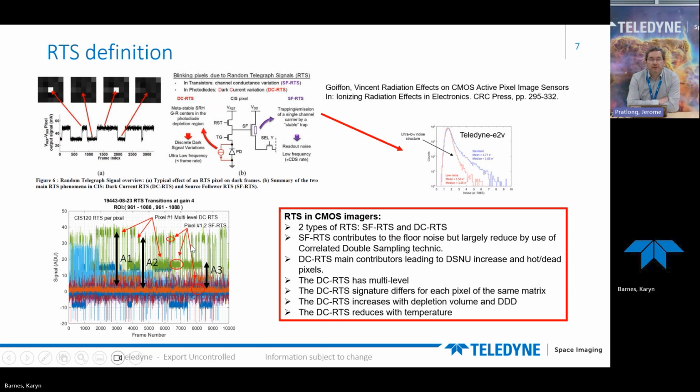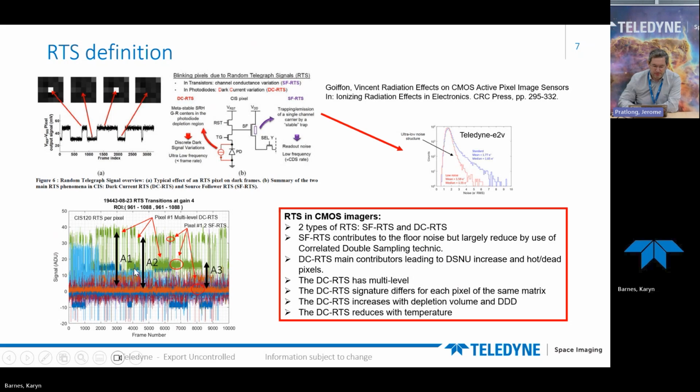At the bottom left, we've got a measurement from a Teledyne detector, CIS120, showing the RTS from the photodiode, but also from the source follower. We can see, if we focus on the green curve, different levels, actually 3 of them, of different amplitude, A1, A2, A3.